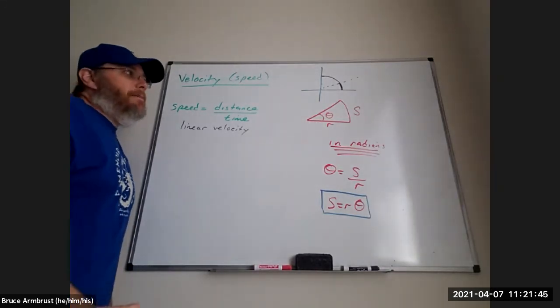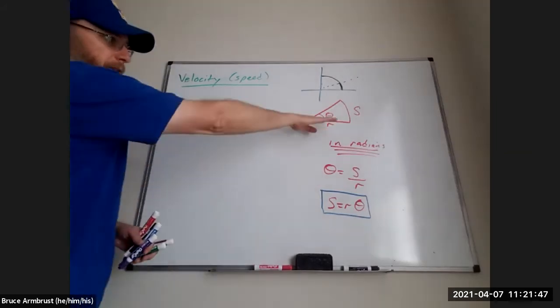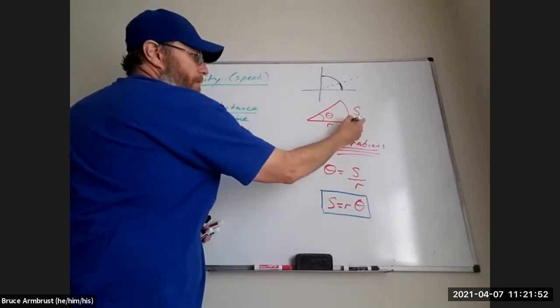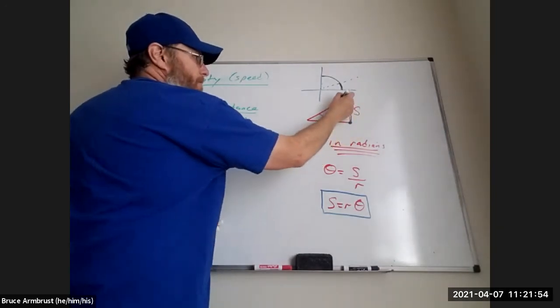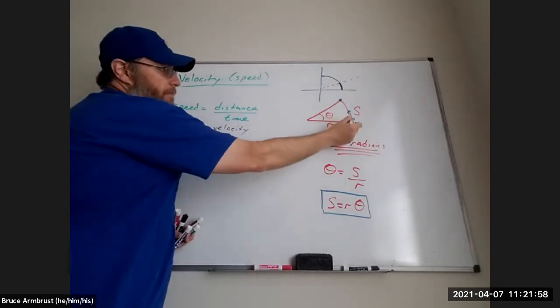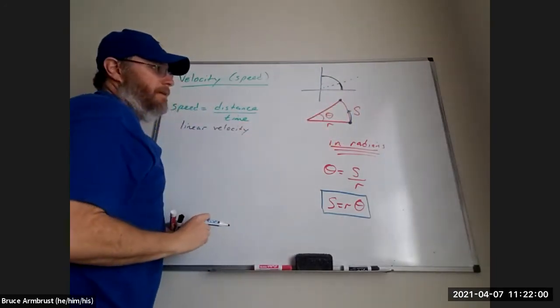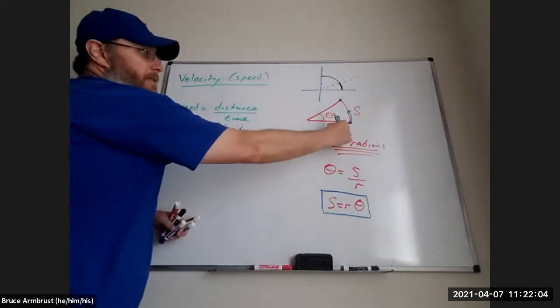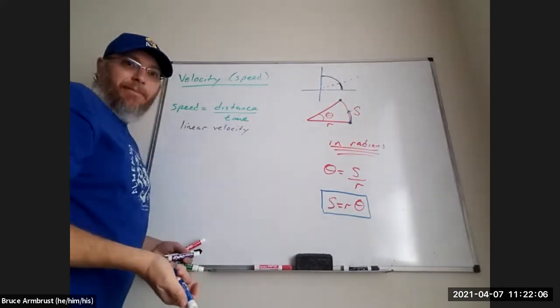All right, so imagine that we're moving around in a circle. Let's say we're just on the circular arc. If we had a particle here that was moving in this direction, and it comes up to this other part, the distance it traveled was s. If we wanted to know its velocity, its speed, we would just take that s and divide it by time.